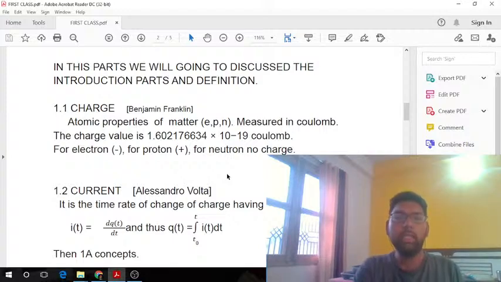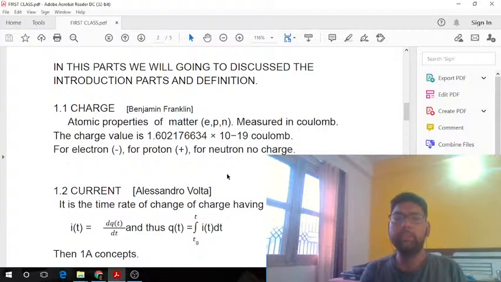And there are three basic parts of the charges: the electron, proton, and neutron. There is a negative charge for the electron, positive charge for the proton, and no charge for the neutron.